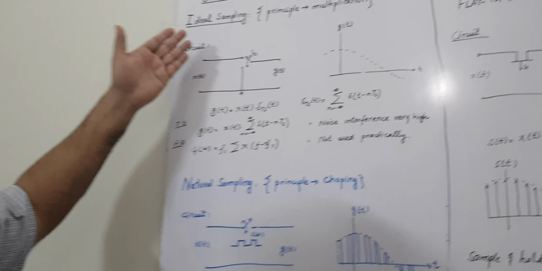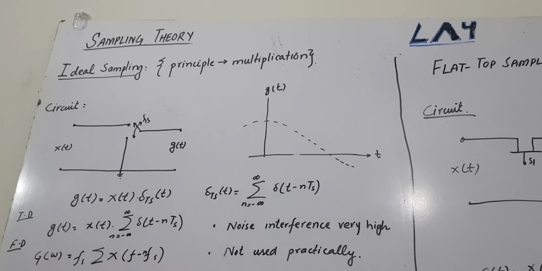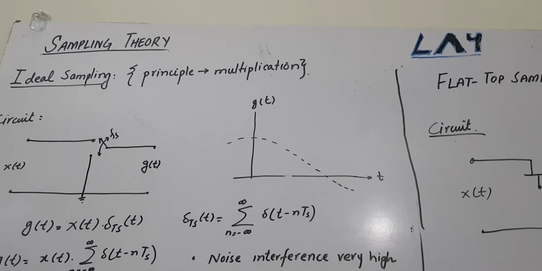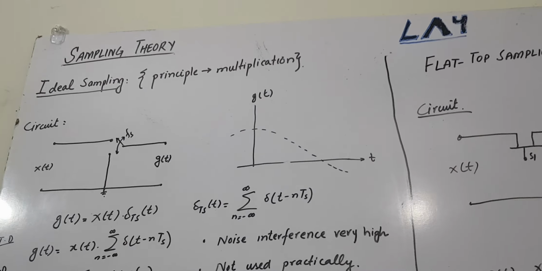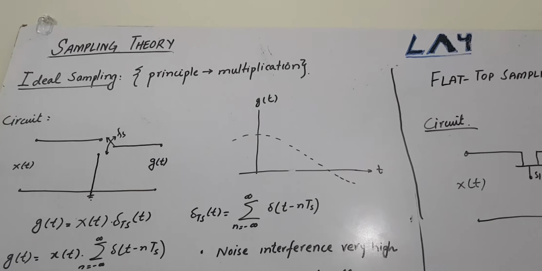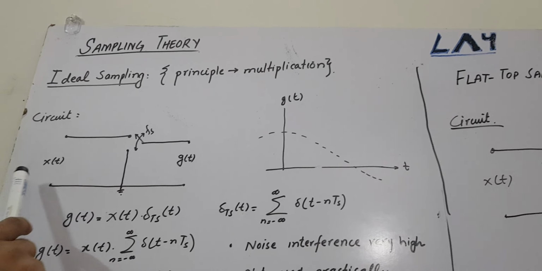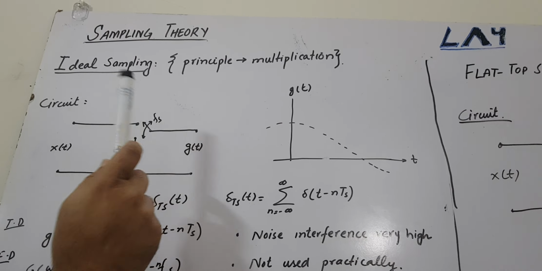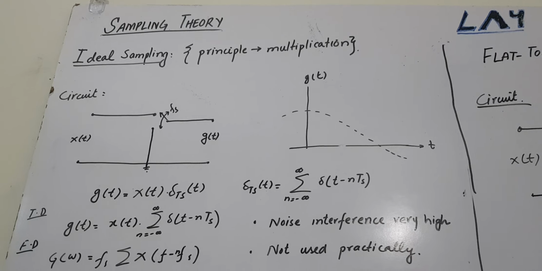The first type of sampling is known as ideal sampling, and ideal sampling is simply the multiplication of the input signal, the continuous signal, with the pulse train whose frequency is f_s.